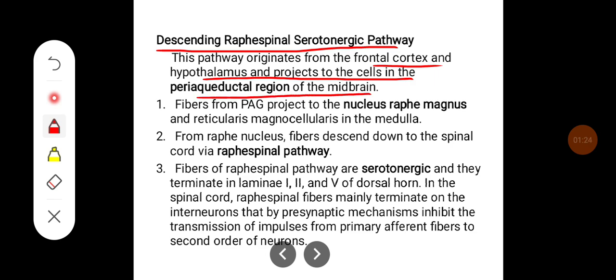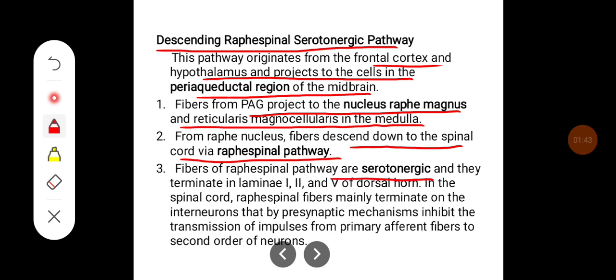Fibers from PAG project to the nucleus raphe magnus and reticularis magnocellularis in the medulla. From the raphe nucleus, fibers descend down to the spinal cord via the raphe-spinal pathway. Fibers of the raphe-spinal pathway are serotonergic and they terminate on laminae 1, 2 and 5 of the dorsal horn.